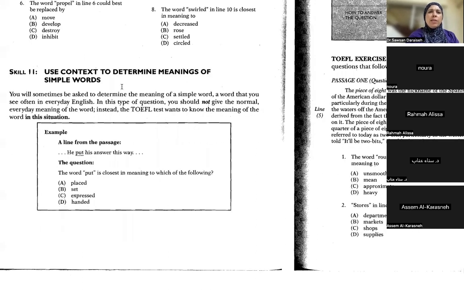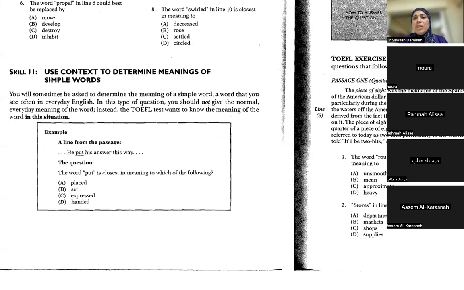Use context to determine meanings of simple words. Like I said before, guys, sometimes there are simple words. However, these words have different meanings. How do we know which word we are going to use, or which one is the correct word? The meanings are all correct. We decide based on the context that we are reading or working on.